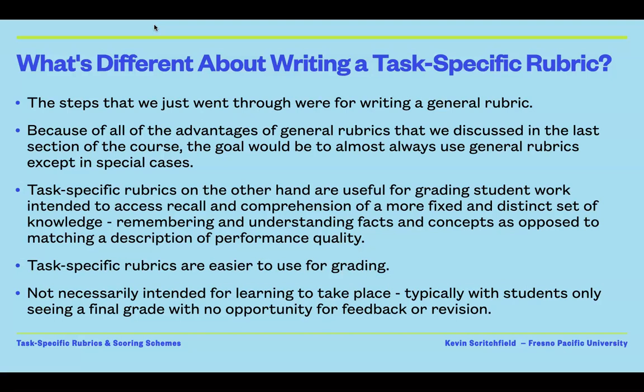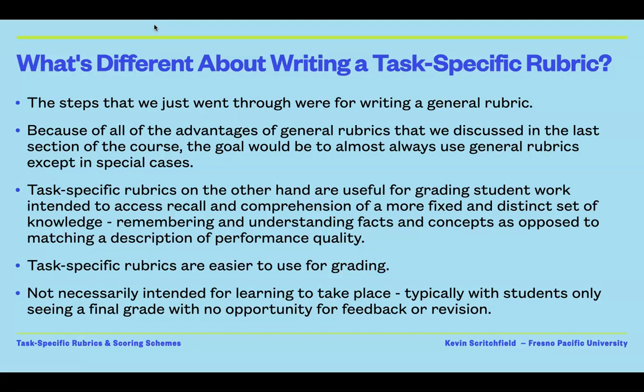However, they are not necessarily intended for learning to take place. They're not necessarily intended for lots of feedback, or really any feedback, to go back to the student. It's typically for students that are just receiving a final grade for this project or assignment with no opportunity for revision or redoing it or resubmitting. This is just a final grade and a quick rubric for scoring the differences.